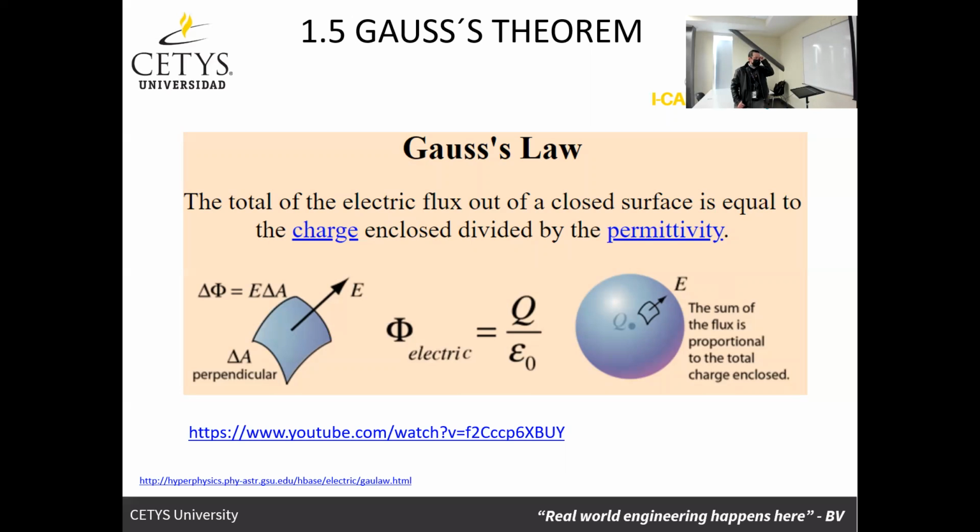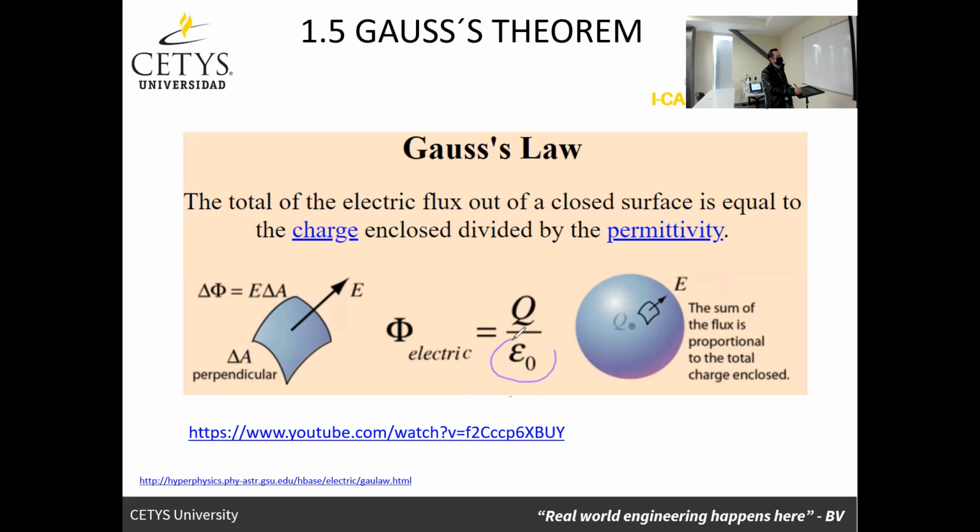And basically what Gauss's law says is that the total electrical flux that's going through a certain surface is going to be equal to the total charge that's enclosed within that surface divided by permittivity. And remember that permittivity, which is this E here that we have on the bottom.